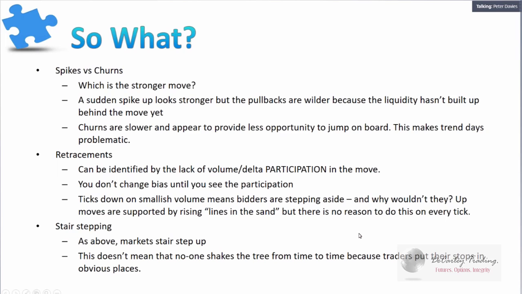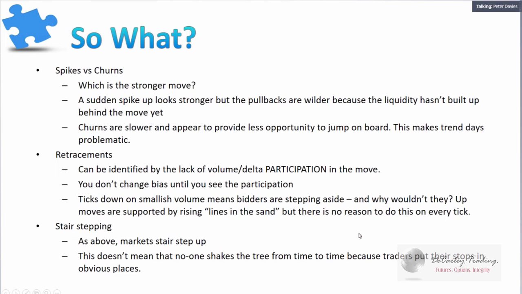But if you consider the liquidity consumption model, you understand that a rapid spike up in the market is going to create a bigger vacuum behind it. A rapid spike up is going to leave a lot of unfilled ceilings and unfilled floors behind it, and that is actually a sign of weakness. It's a sign that the market's going to be able to fall back much easier.